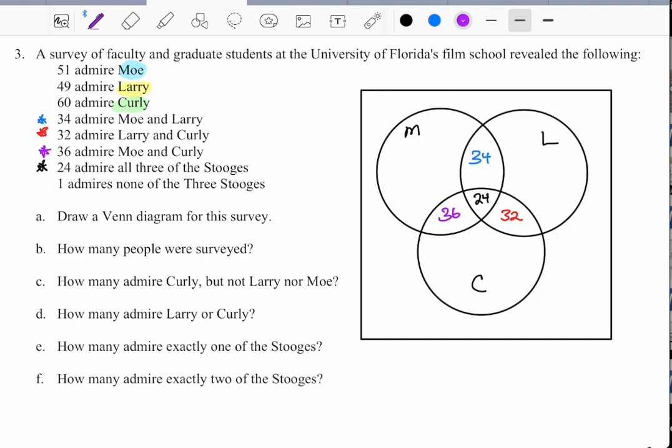All right. They say that one individual admires none of the Three Stooges. So you could put one out here because in the null space outside of the circles, those are the individuals who don't admire any of them. All right.